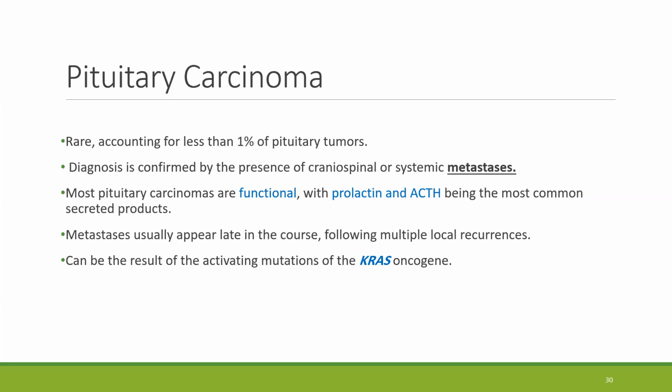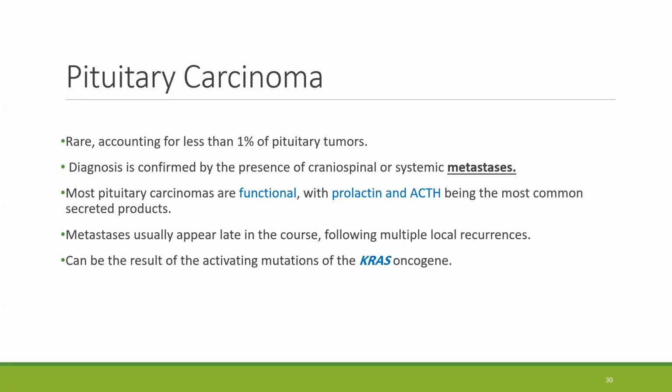Most pituitary carcinomas, remember, are functional, usually prolactin and ACTH, the most common ones. Metastasis, as I said, is craniospinal or systemic. Usually we see pituitary carcinoma metastasize at the end stage of the disease.